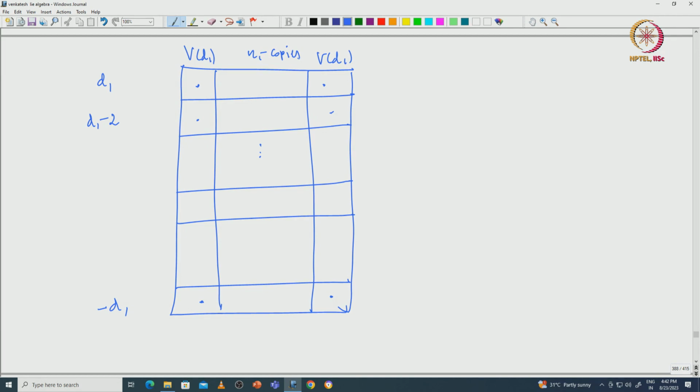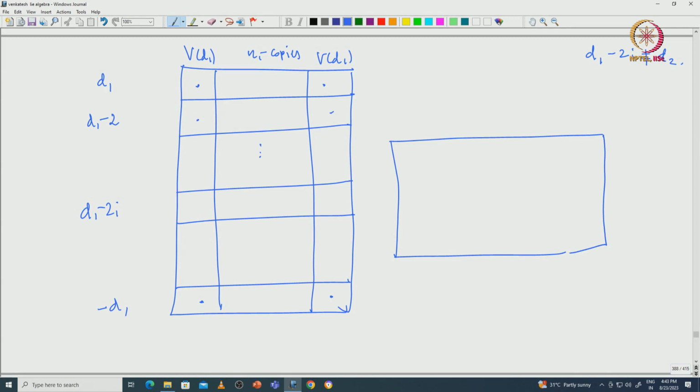Now let us say D1 minus 2i is not equal to D2. That means the parity differs. If the parity differs, it is not going to exactly hit this D1 minus 2i. So basically there is a mismatch. When you take that D2, it will lie somewhere here, but it will not contribute to those values of D1 minus 2i.